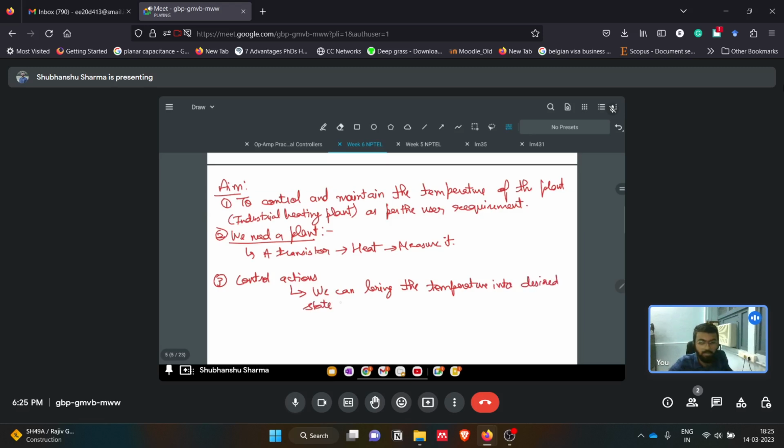If it is exceeding its upper threshold, or if it is going below its lower threshold, then also we want to bring the temperature of the pan to its desired state. Okay, that will be also one thing.